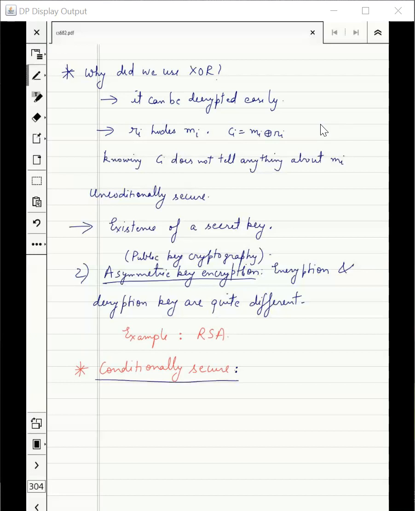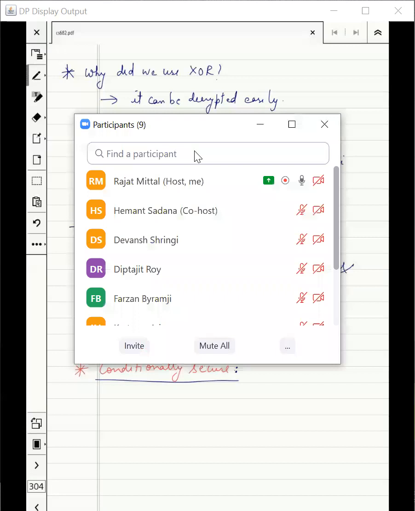Generally, what kind of assumptions make RSA and other public key cryptography protocols secure? Come on, you know that. Let me pick a person and ask.